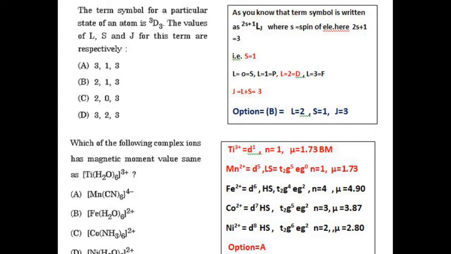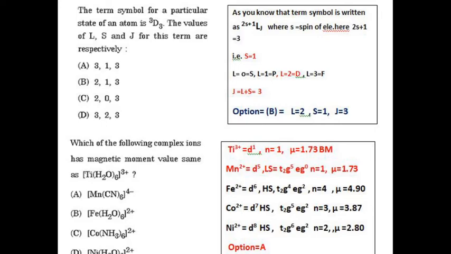We know that J is equal to L plus S. Since J is 3, and L plus S is nothing but 3, S is 1 and L is 2. So the correct option is B, where L is 2, S is 1 and J is 3. This is a very simple question.